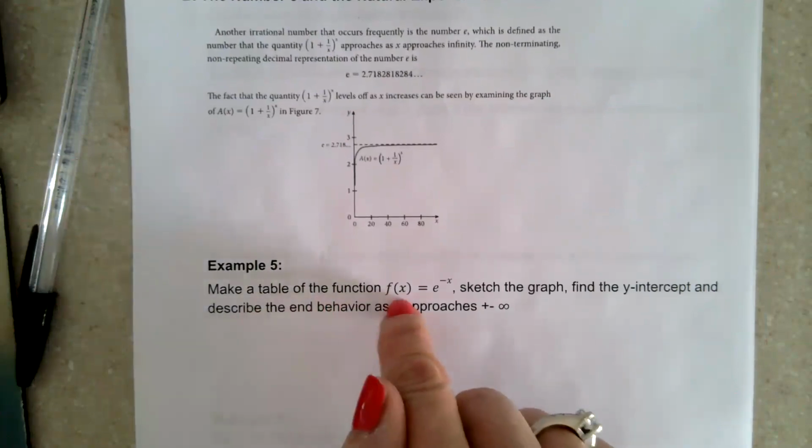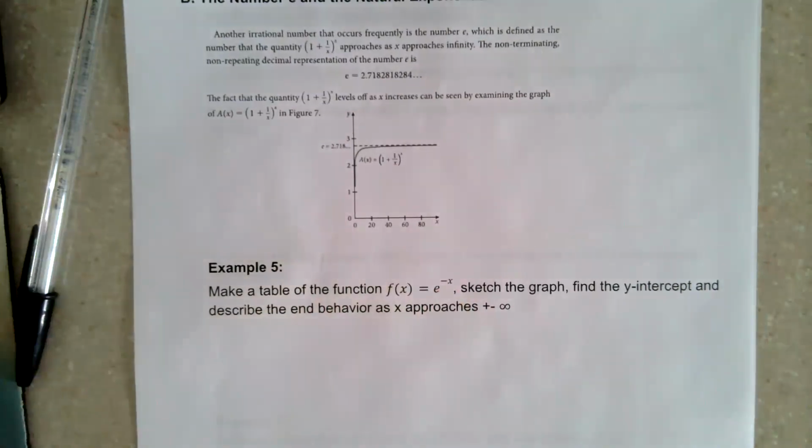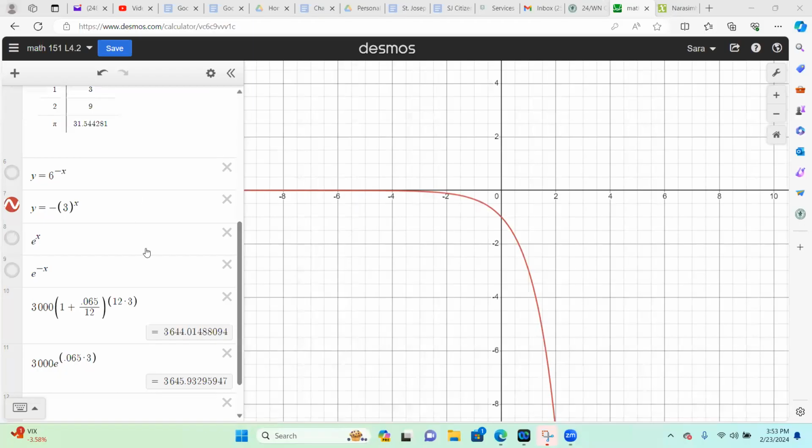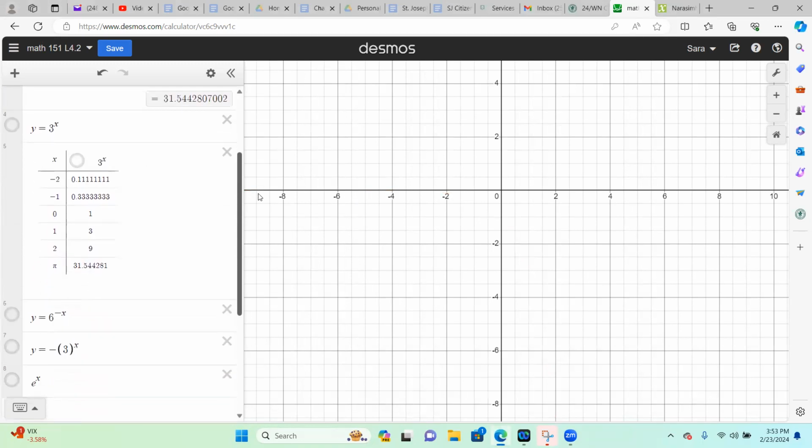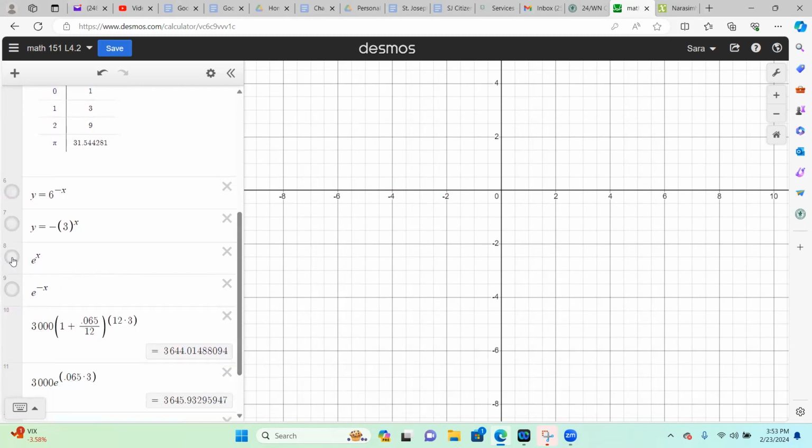So let's make a table of the function e to the negative x. So here's e to the positive x, but we're going to look at e to the negative x. Just going from e to the positive x to e to the negative x changes the direction of where that's coming from.